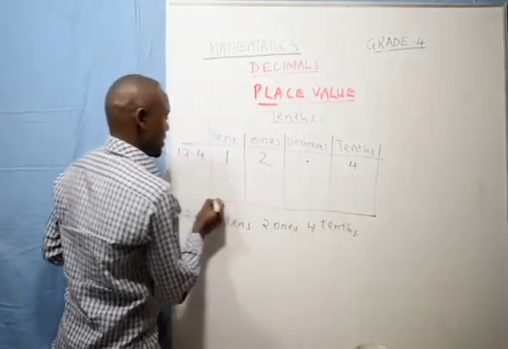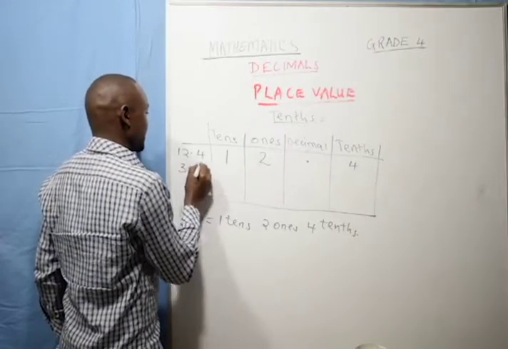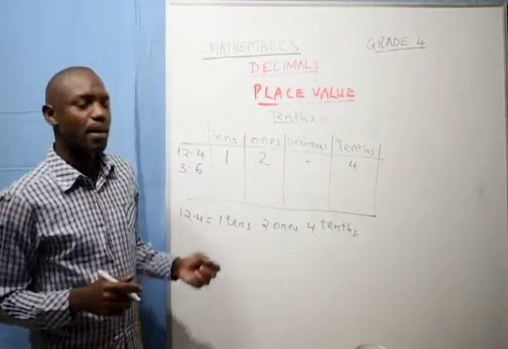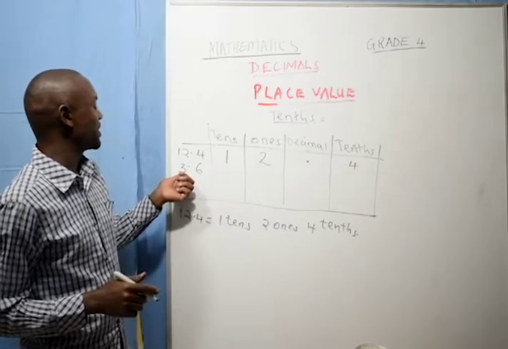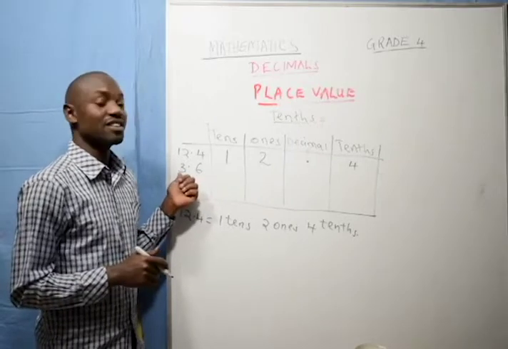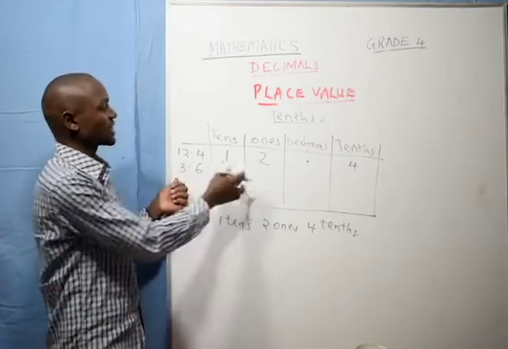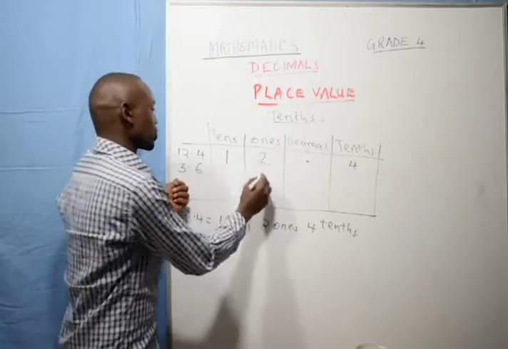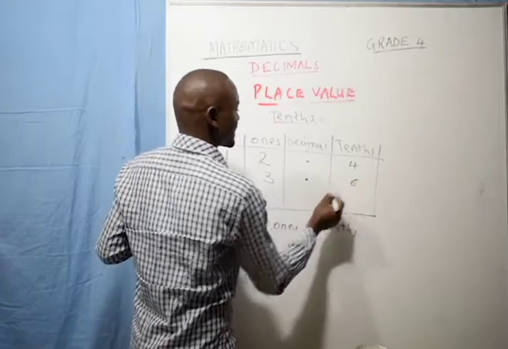Then we have another number like 3.6. Where will digit 3 lie? Is it in the ones or tens place value? Digit 3 is in the ones place value because it is the first digit to the left of the decimal. So we'll have 3, the decimal, and 6.